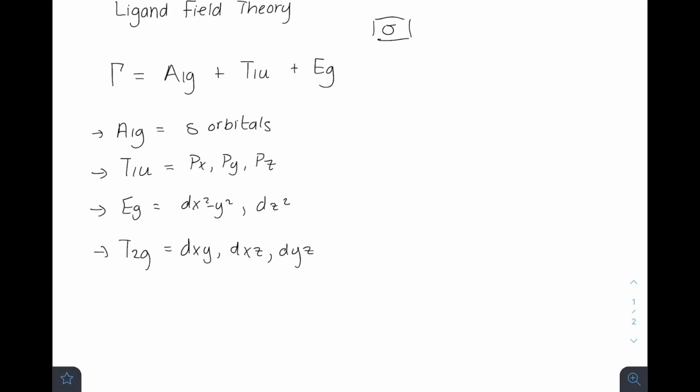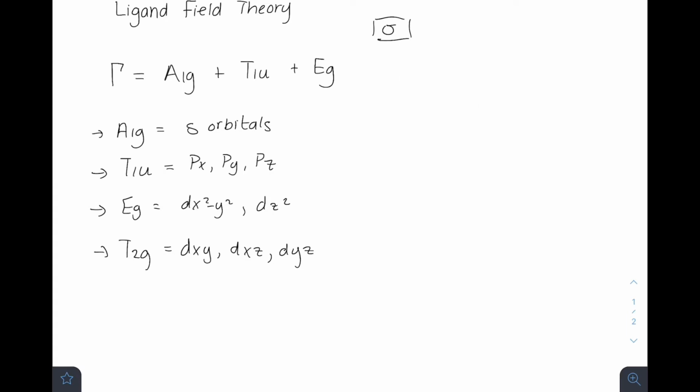It means the orbitals are going to come to each other head on. These 3 dxy, dxz, and dyz orbitals are not coming directly along the bond axis. They're actually between the axes. So that makes them not sigma orbitals.